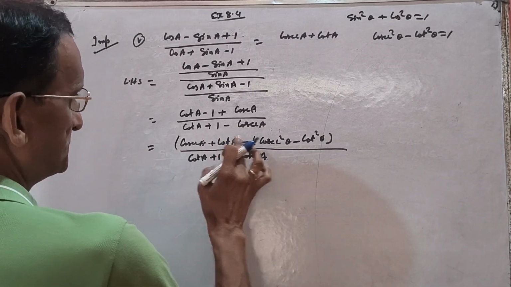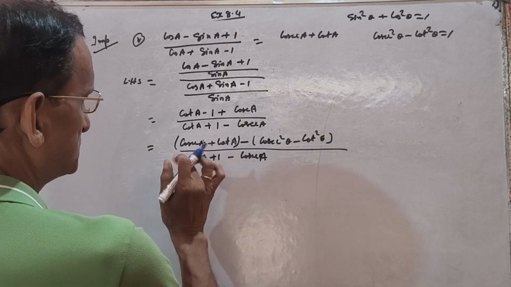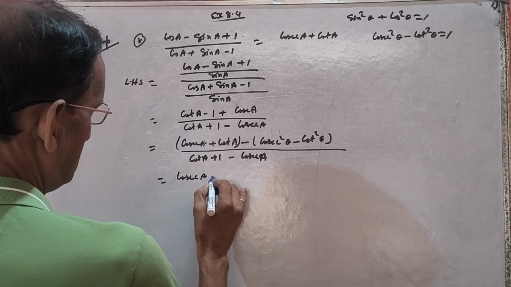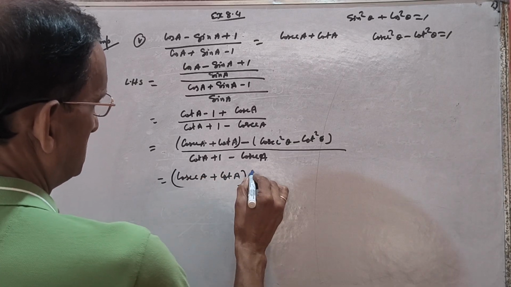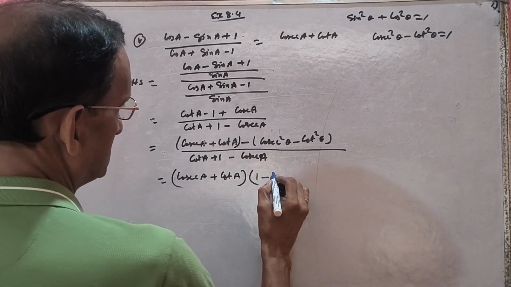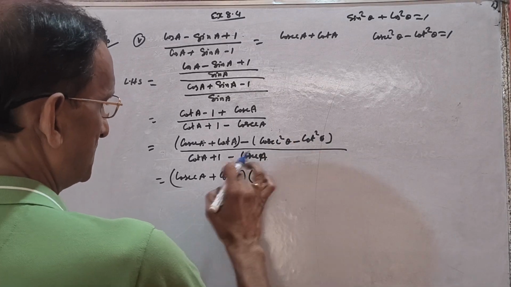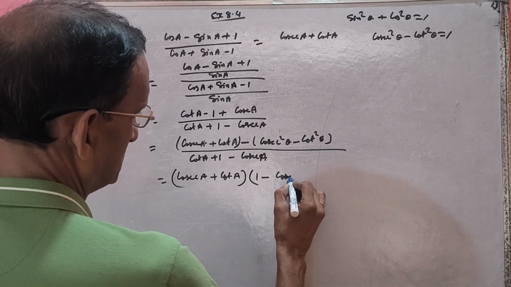See, this is A plus B. This is A square minus B square. A square minus B square is A plus B into A minus B. So A plus B is clearly common. So take cosec A plus cot A common. What will we get here? 1. And the other part is A square minus B square, with A plus B taken common.